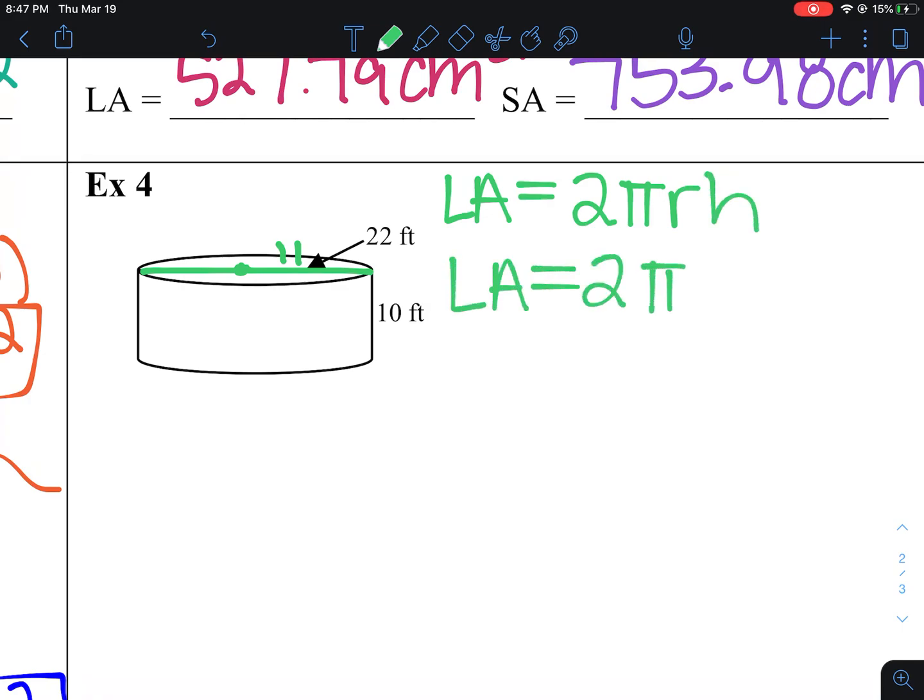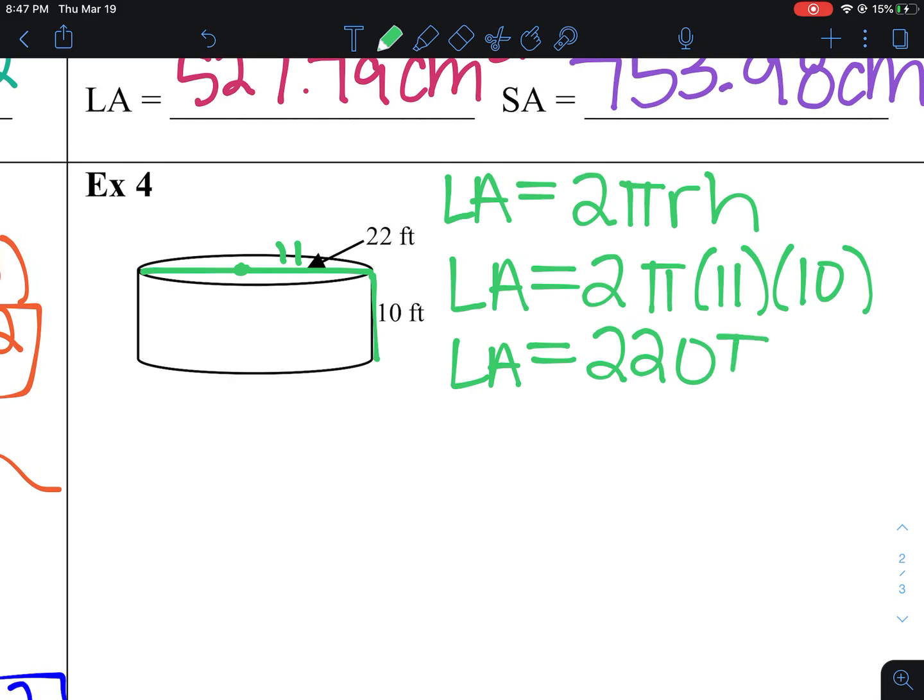So 2 pi, the radius is 11, the height is 10. This is a little tuna can or something like that, right? It's a little short cylinder. Sorry. So that would be 11 times 10 times 2, which is 220.